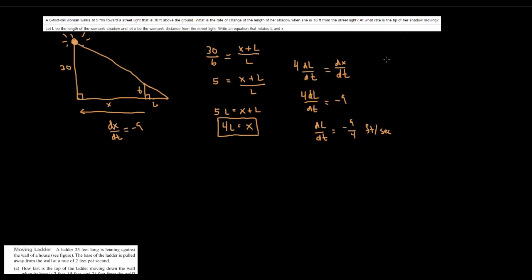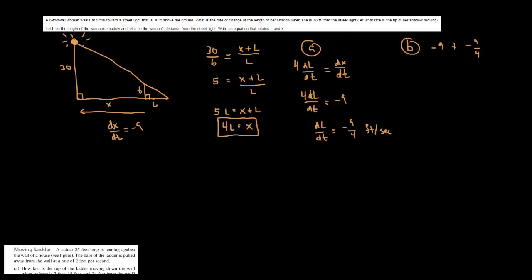Okay, so I think for part B, so I guess here's part A. For part B, we have to add -9 plus -9/4, because her shadow is moving with her. They're both moving toward the left, toward the origin over here, if we superimpose a coordinate system. So let's see here. That would be -9/4. So we need a common denominator.